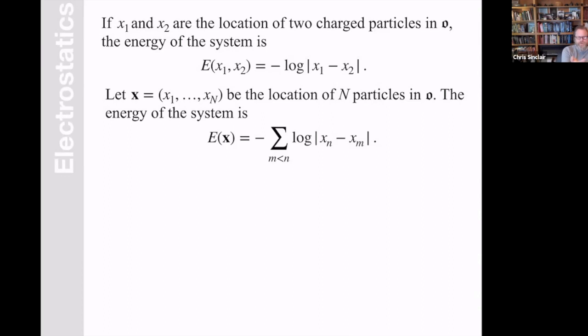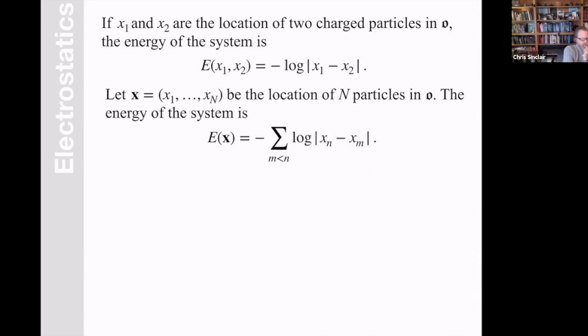I'm going to assume here that all of my particles are locked into a compact region. In general, that's just going to be the ring of integers. It's a natural place, so I don't have to introduce some sort of external field like Joe did. He had this rho function that essentially made sure that the particles didn't all eventually run to infinity. I'm just going to put them in a box, as it were.